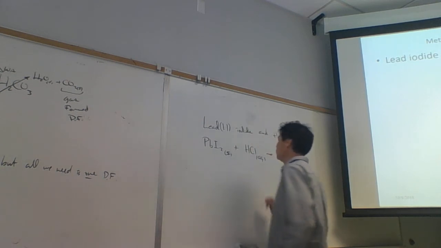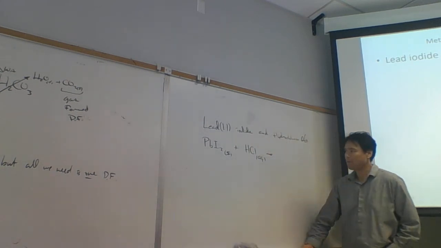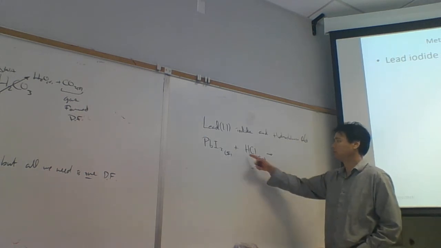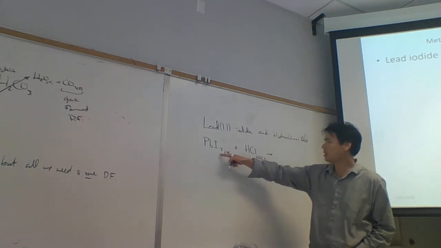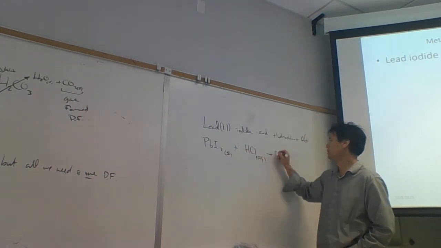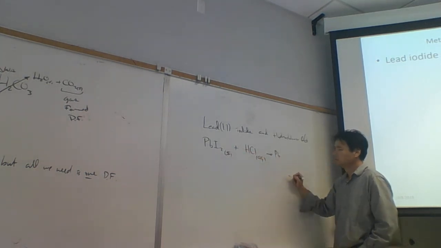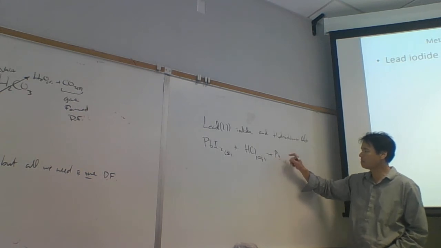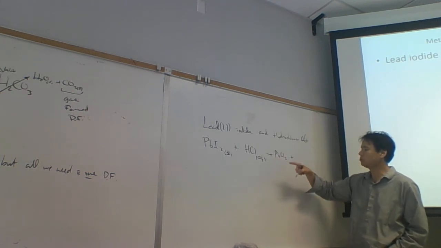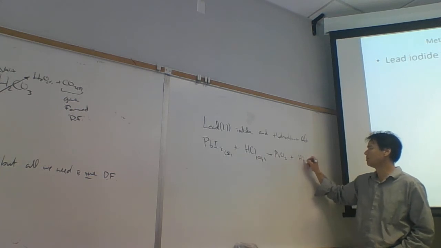This is going to give hydrogen with iodide and lead with chloride. So let's do the lead with chloride. The lead with chloride is going to be PbCl2, and then the hydrogen with iodide will just be HI.